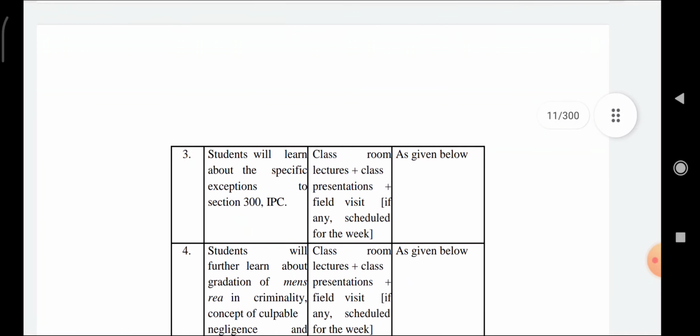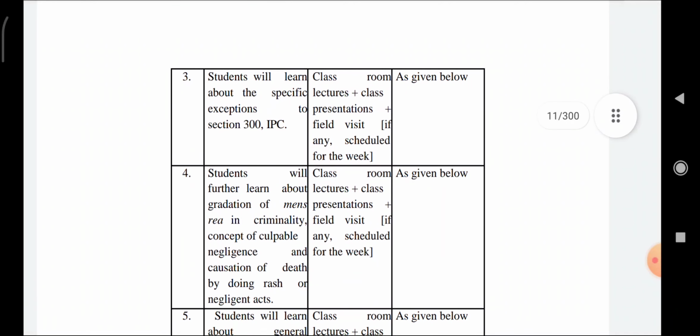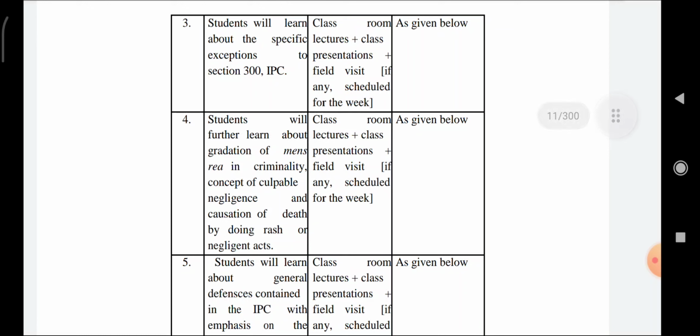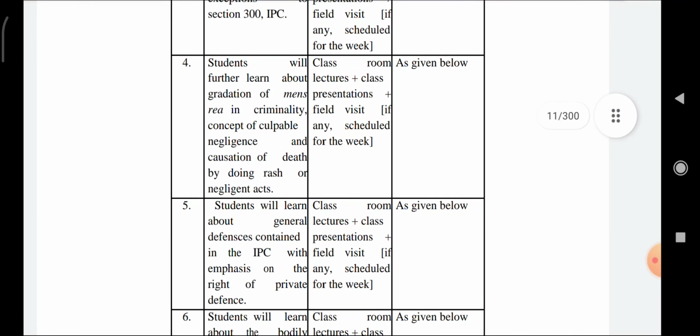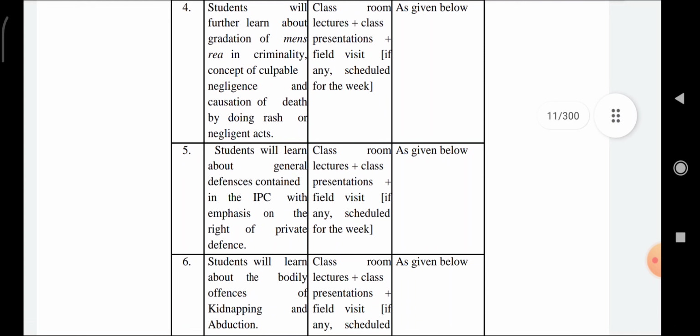From unit 3, students will learn about the specific exceptions to section 300 of the IPC, that is the Indian Penal Code.